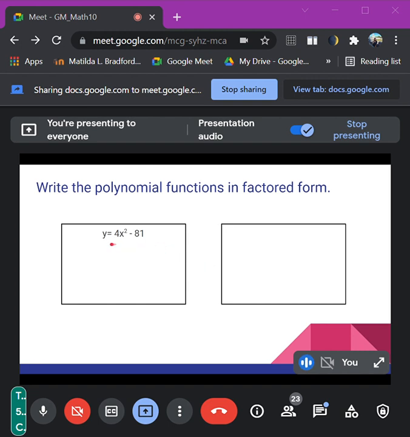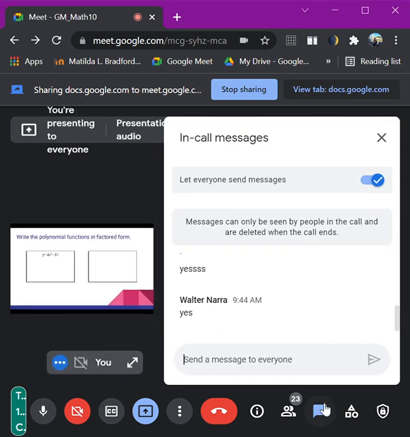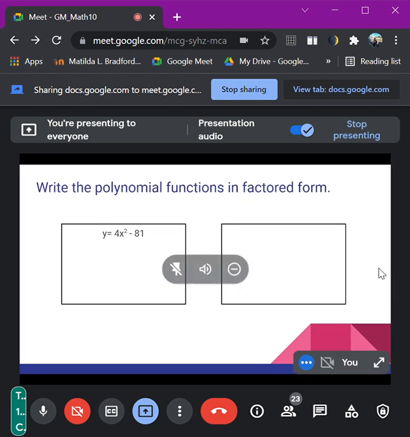So by looking at this, class, which special product or factoring can we use here? What type of special product or factoring can we use? You have there 4x squared minus 81. Anyone?